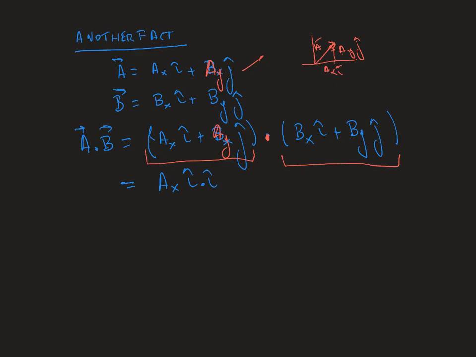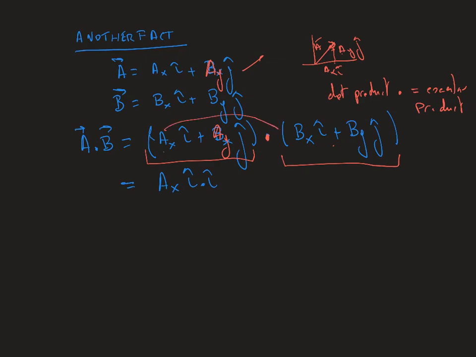The dot product and the scalar product are the same thing. Dot equals scalar product between vectors, okay?